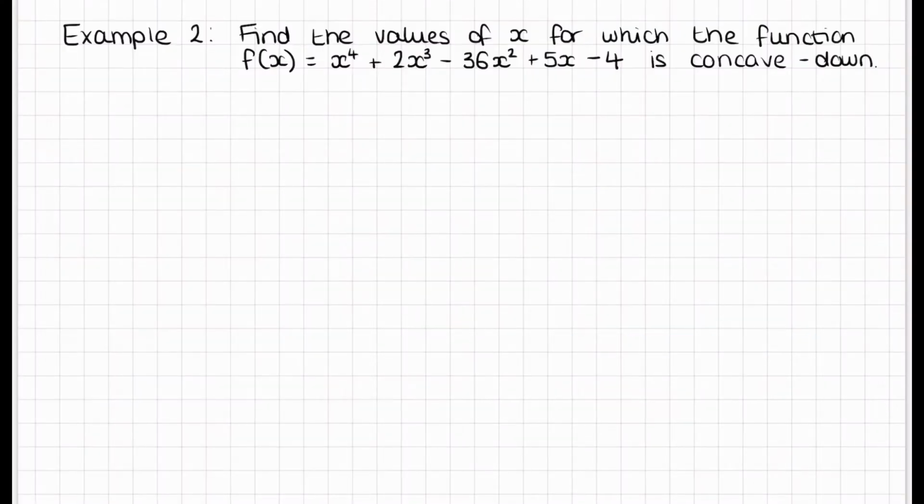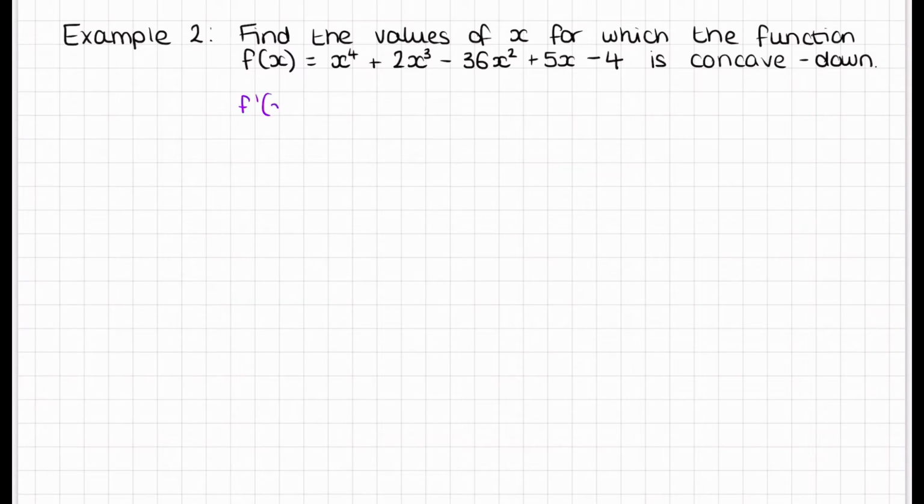Example 2. Find the values of x for which the function f of x equals x to the power of 4 plus 2x cubed minus 36x squared plus 5x minus 4 is concave down. When we are looking at whether things are concave up or concave down, which is their concavity, that is a hint that generally we're going to be finding the second derivative, so let's do that first.